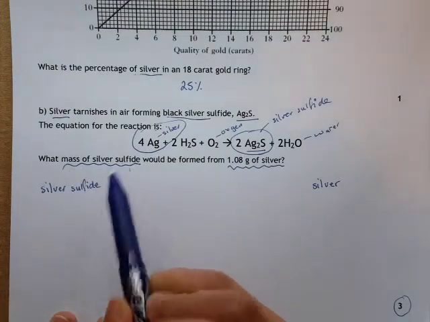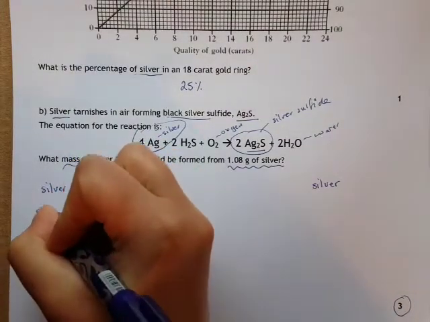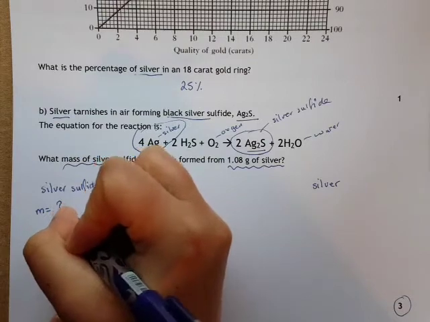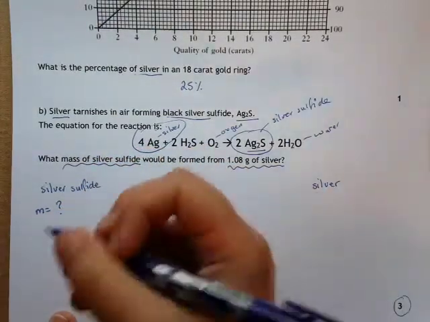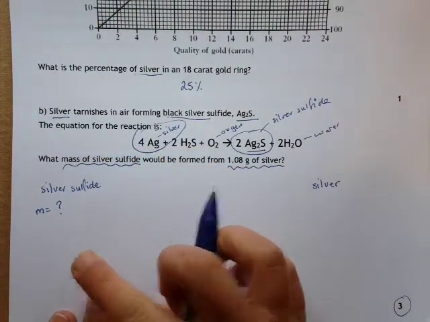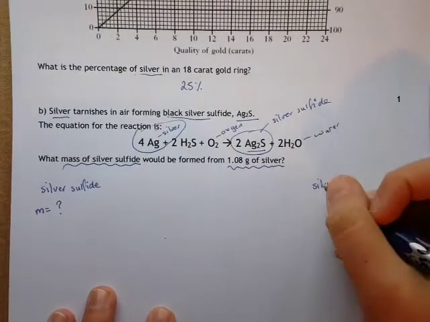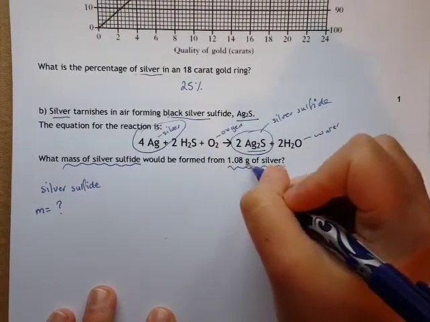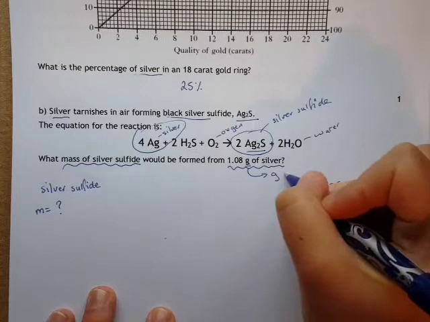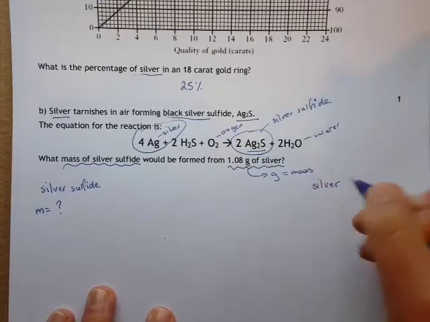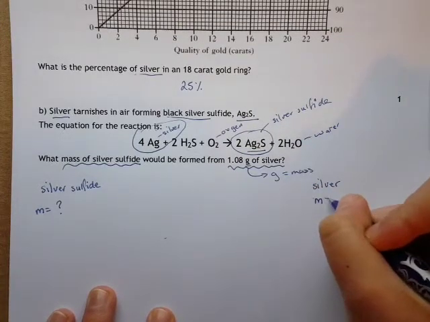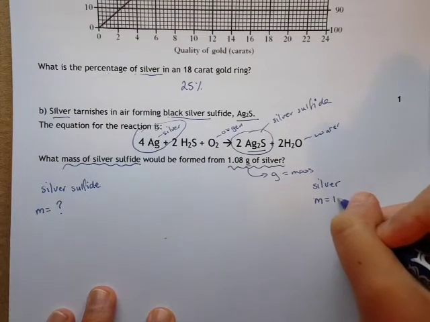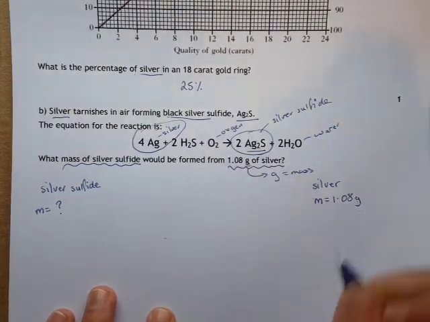Well, it's asking about the mass of silver sulfide. Okay, and we don't know any other information. And for silver, it is giving us a number in grams. You should know that grams is a mass. So you should know that it is telling us that the mass of silver is 1.08 grams.